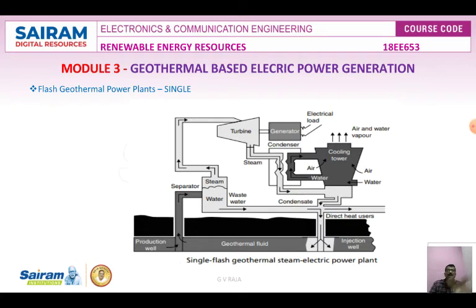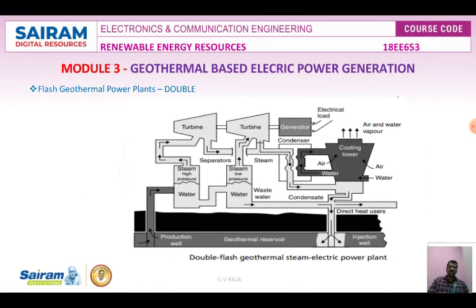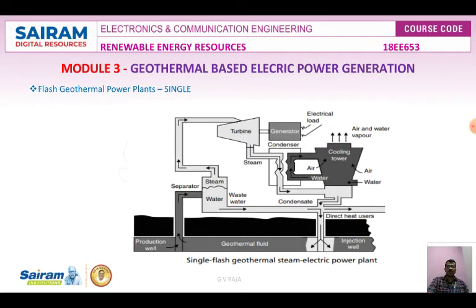Flash steam plants are the most common type, operated today at temperatures greater than 180 degrees Celsius, pumped under high pressure. Flashing is nothing but steaming. Here it is a double flash method. In the previous slide we used the single flash method, in which one boiler and one turbine are used.